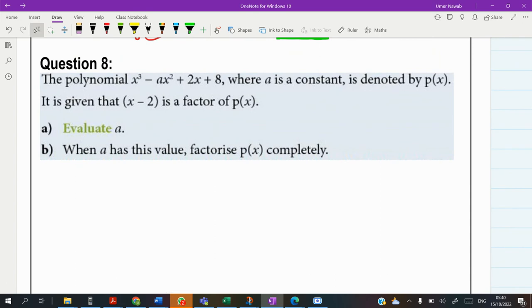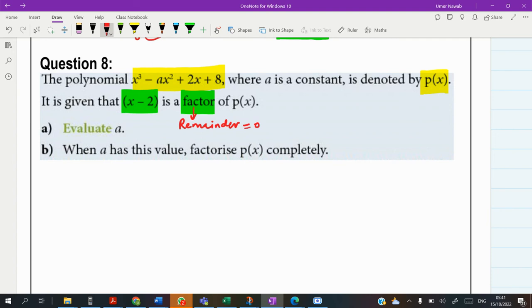Question number 8, you can see a polynomial is given to us. It is denoted by p of x because the variable contained is x. It is divided by x minus 2. Look, he said factor. The word factor comes when the remainder is 0. So we have to evaluate a.